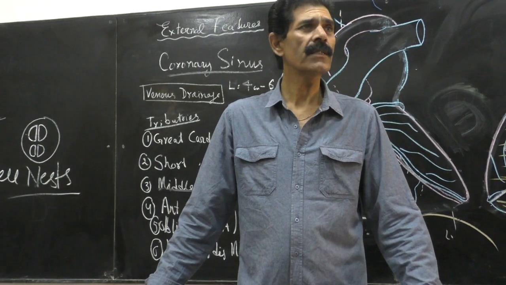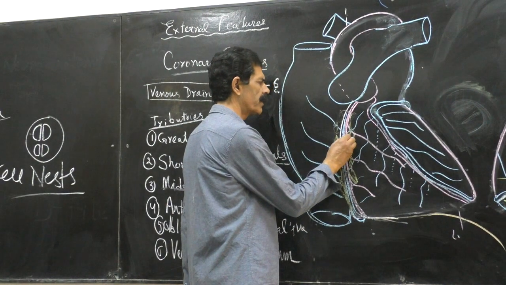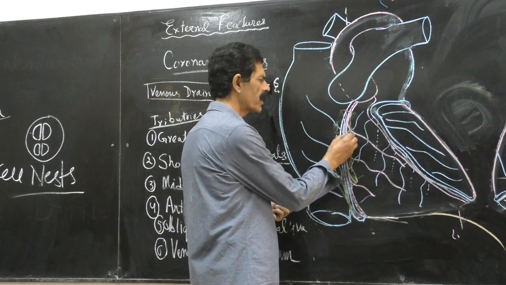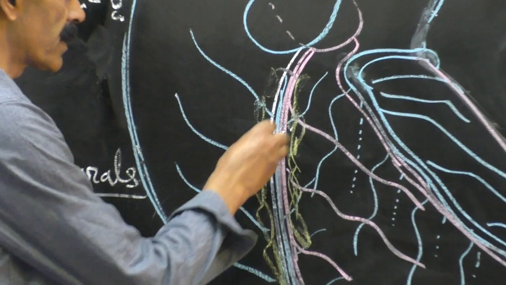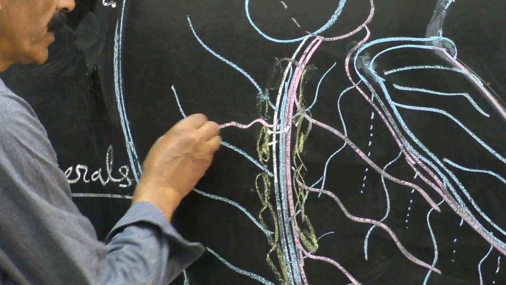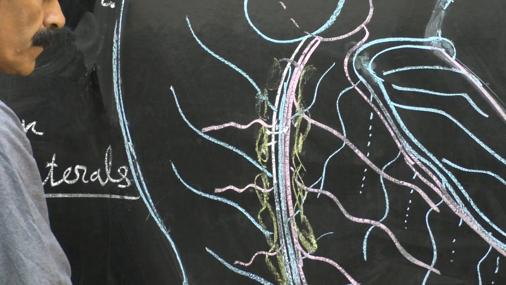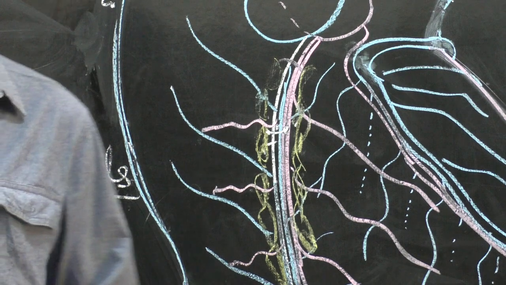And because of these collaterals, whenever there is a block of any artery nearby to these veins, now no blood is going into the vein. But because of the communication of the arterial vessels with the veins, the perfusion of blood is there.